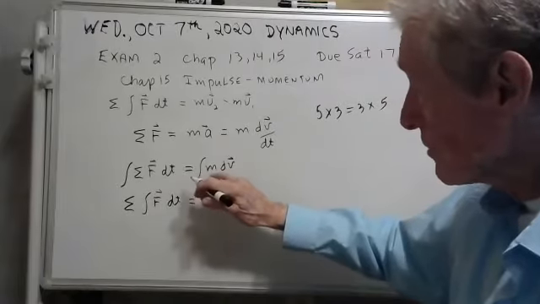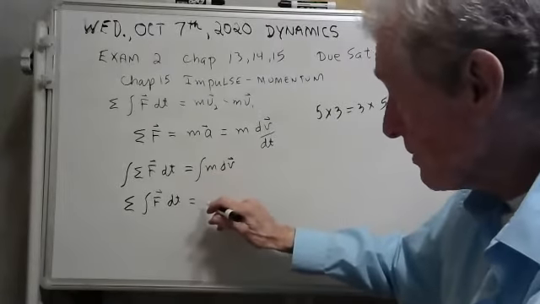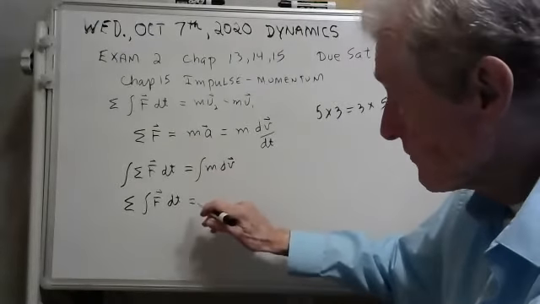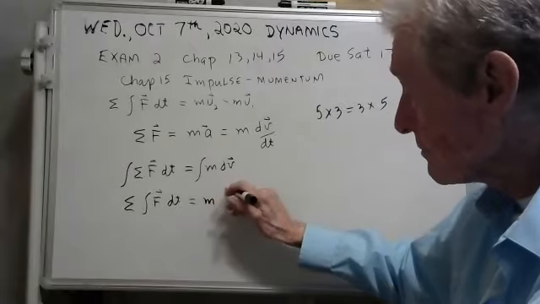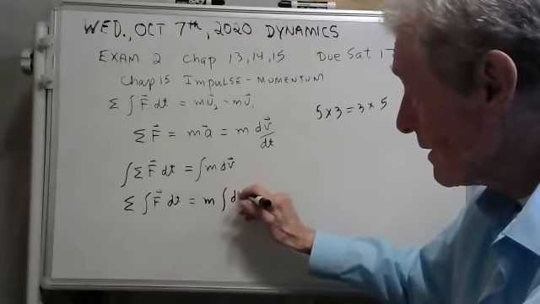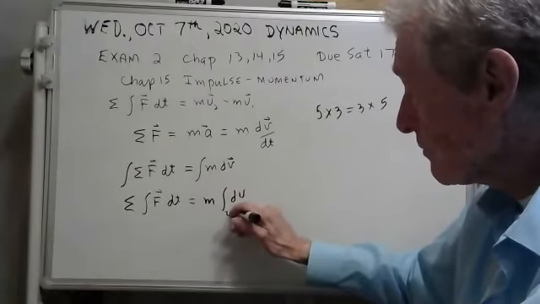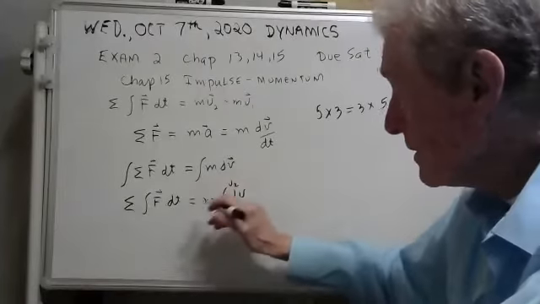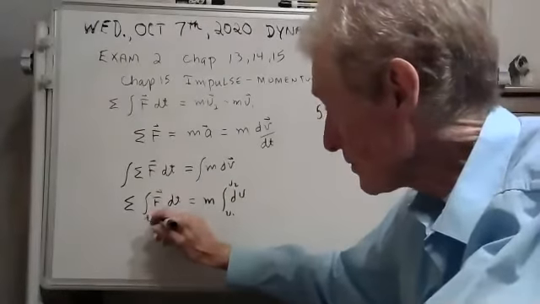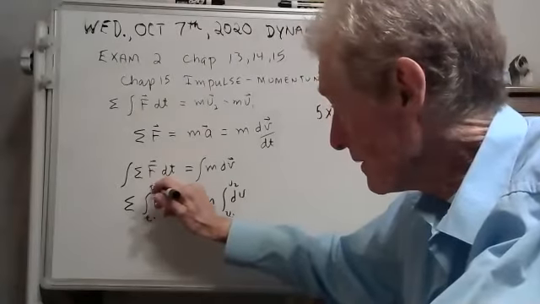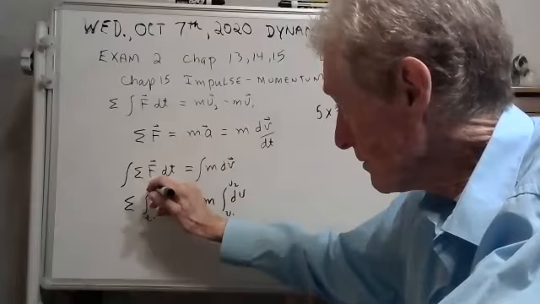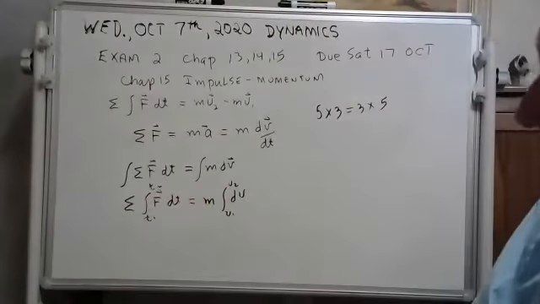Now we're going to deal with masses that aren't changing their mass. So you could pull that m out and have this. Now here you're going to have to go from V1 to V2, and here from T1 to T2. Can you get to here?